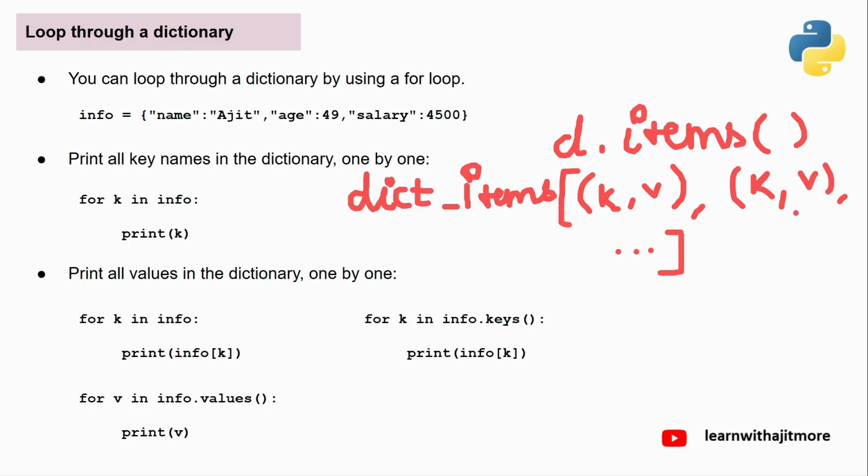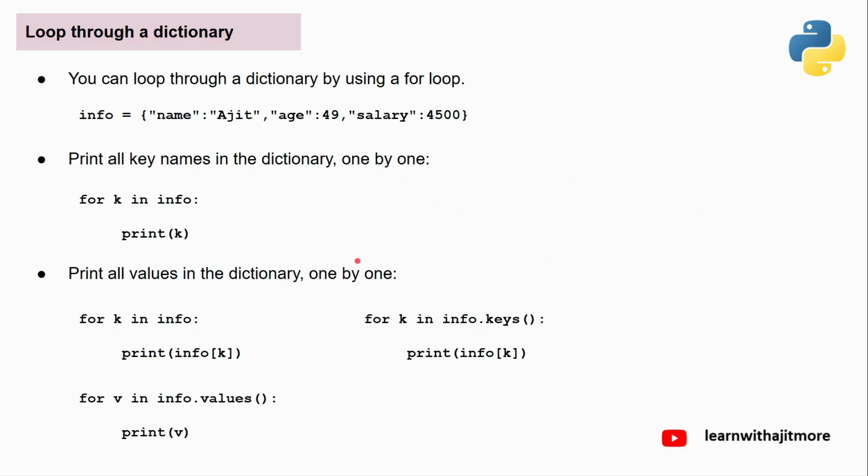Get it? Like here, the first tuple will come: name, age 49, salary 45,000. And as it's an iterable, you can use it in a for loop. So when you use it in a for loop, this tuple will come one at a time. The first time this tuple will come, then next time this tuple. Get it? So you can check that as well.